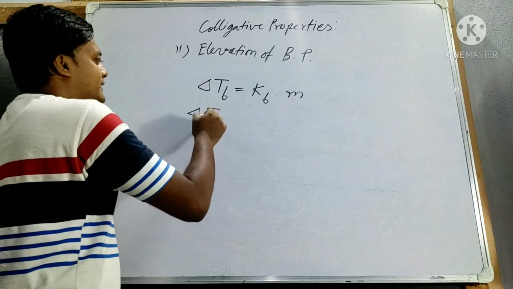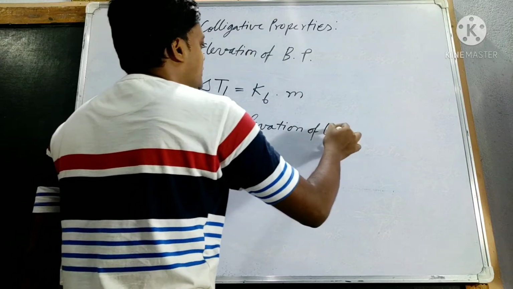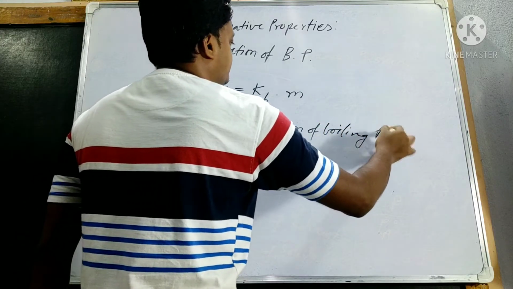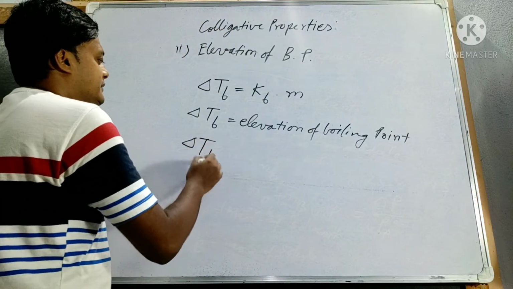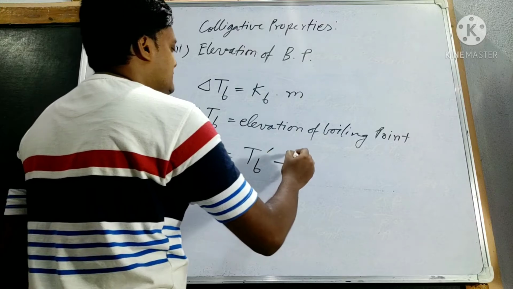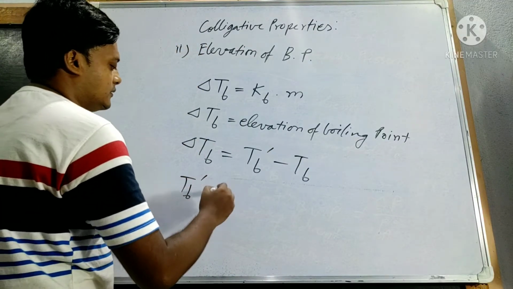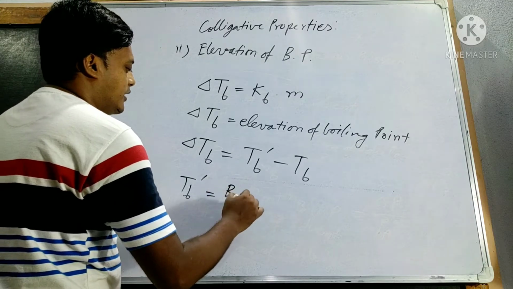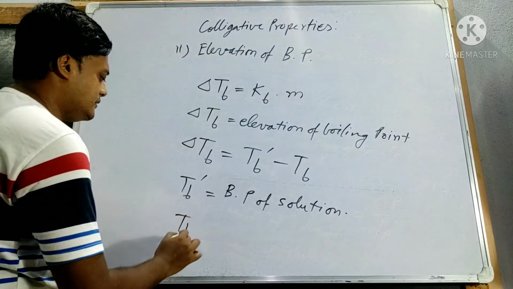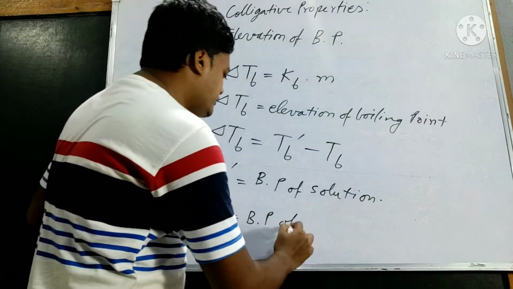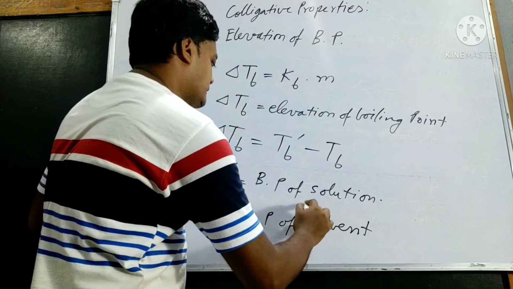Here delta Tb is the elevation of boiling point, that means delta Tb equals Tb dash minus Tb, where Tb dash is the boiling point of the solution and Tb is the boiling point of the pure solvent.